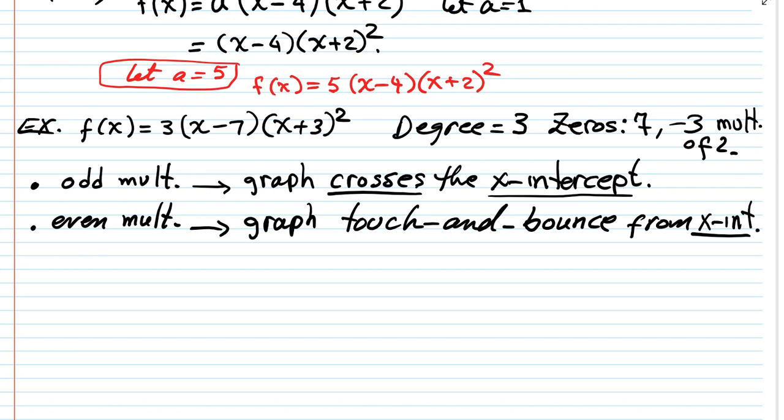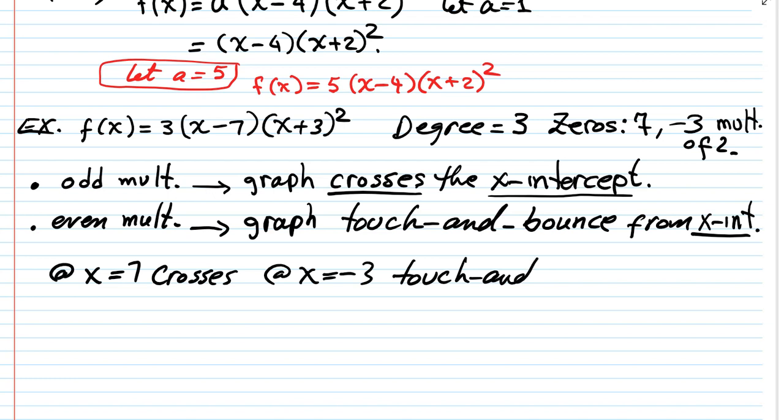So for this example, at x equals 7, because the multiplicity is 1, the graph will cross the x-axis, and at x equals -3, it will touch and bounce from it. And we'll look at the graph of these in the next section. So here's the touch and bounce.